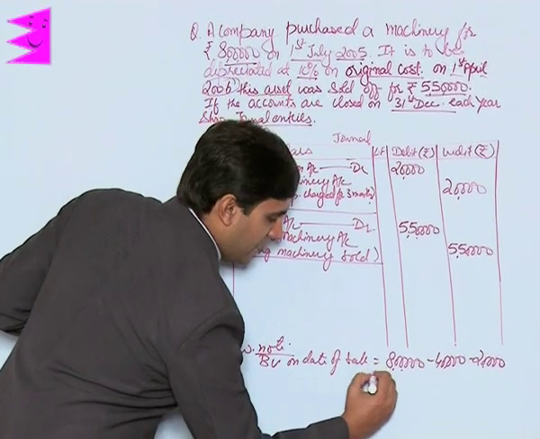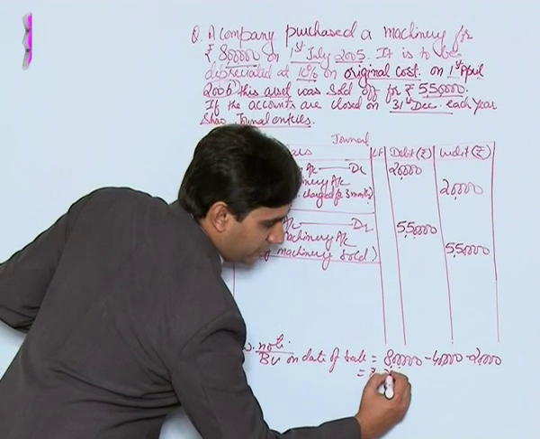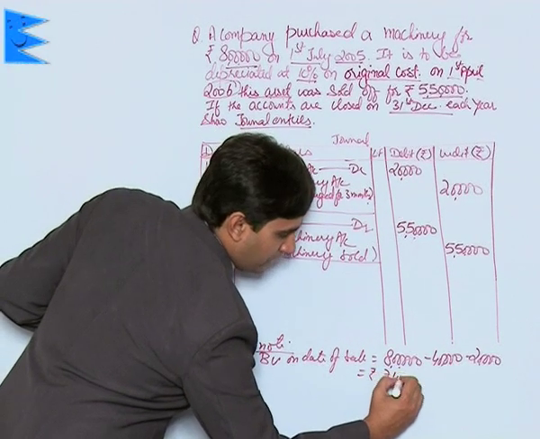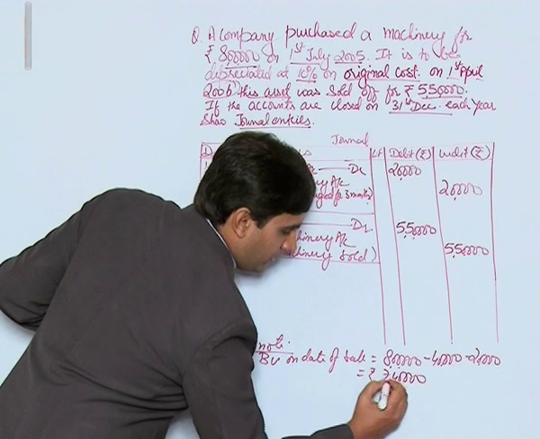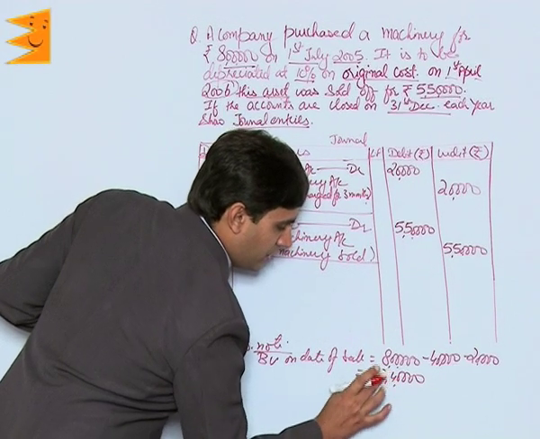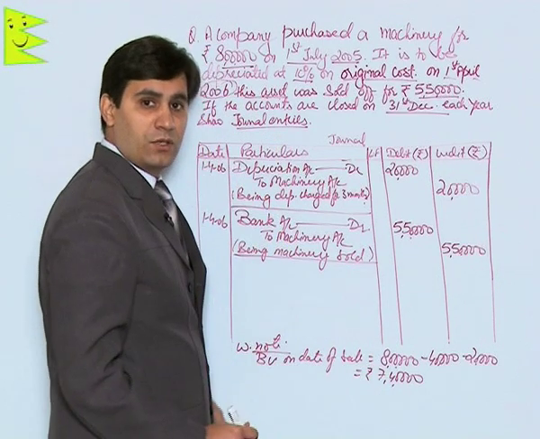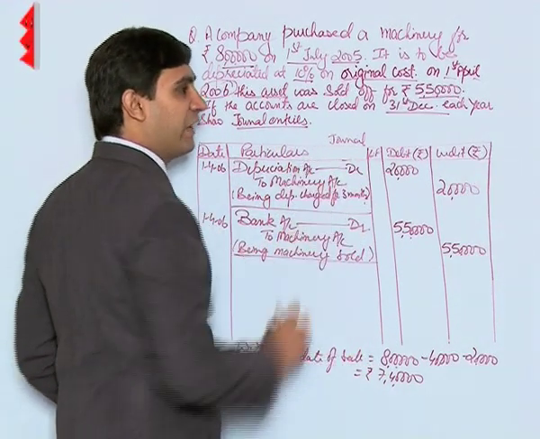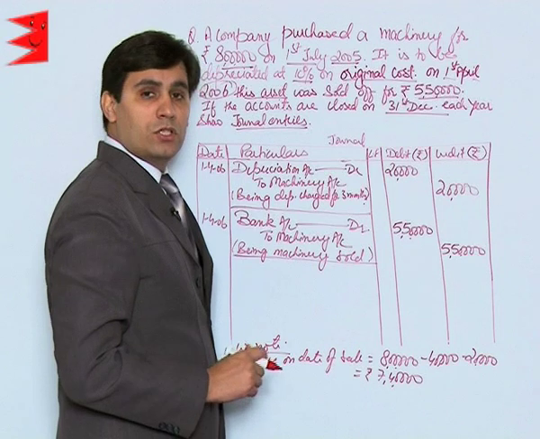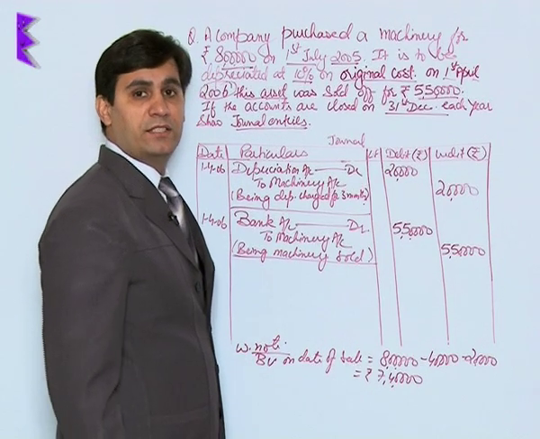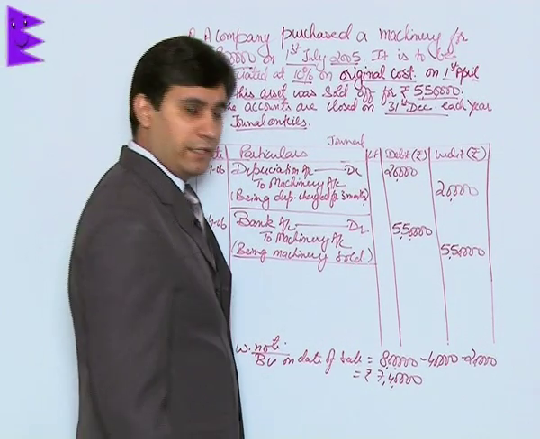So the book value of the asset comes to rupees 7,40,000. Now students, this machinery that is worth rupees 7,40,000 has been sold for 5,50,000. So it clearly shows that there is a loss of rupees 1,90,000.